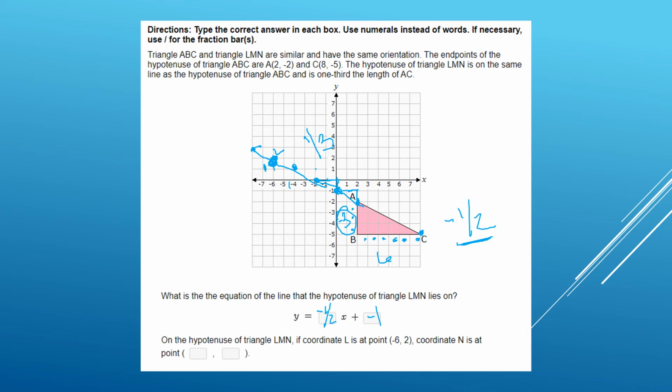If this is 6, 1/3 of that is 2. So our second point right here is N. So I went down 1 over 2. I just did 1/3 of the lengths that gave us this. So this would be at (-4, 1).